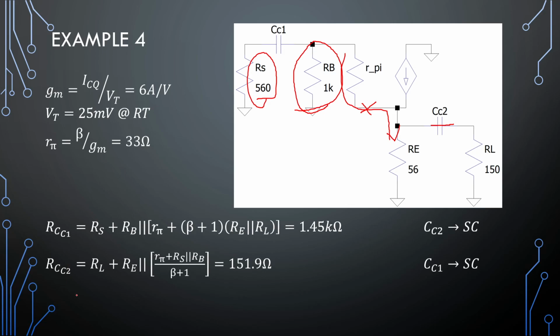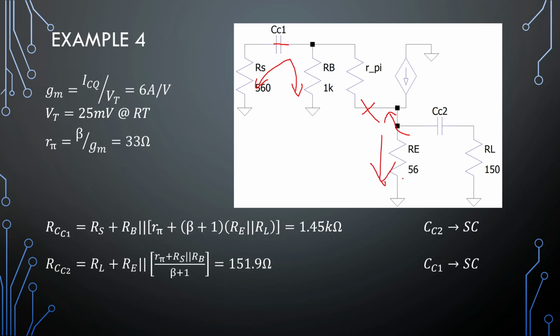Then on the output, if we short CC1 and we look backwards, we see R pi plus the parallel combination of RS and RB divided by beta plus 1, in parallel with this RE over here.